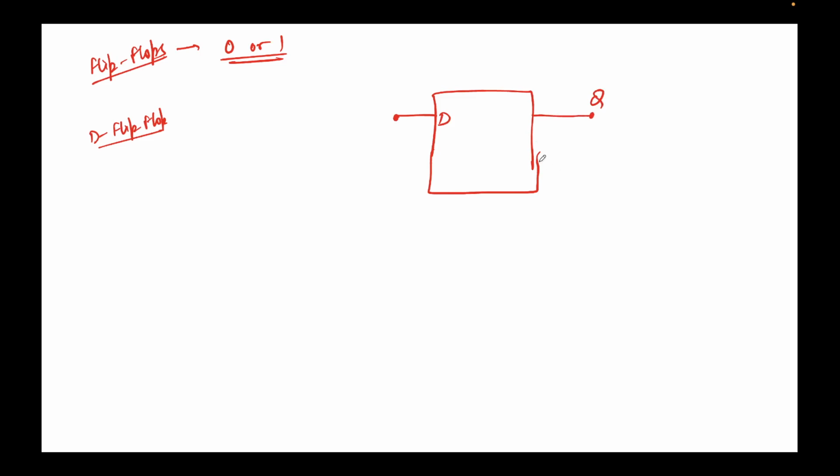Often you will see that there is another output called Q bar. This is nothing but the inverse of whatever Q is. You need not bother about this. For now we'll just assume that it's only D and Q. I want to keep things simple, but you can obtain Q bar simply by inverting the Q signal.